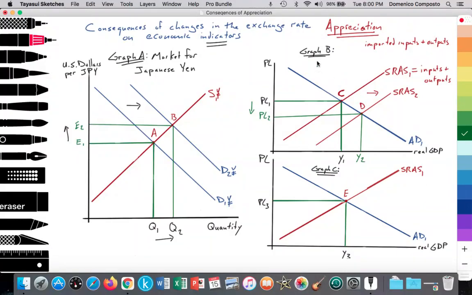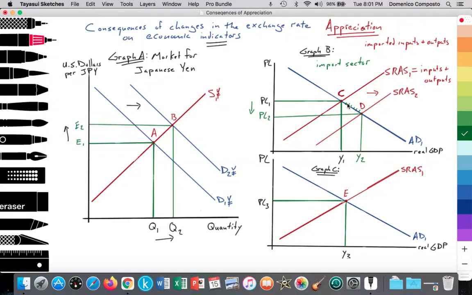Now, for the import sector of the Japanese economy, for those firms that are dependent on buying those imported inputs and outputs, since that leads to a fall in their average price, we would expect an increase in the quantity of aggregate demand along the AD curve from point C to point D, which would mean that unemployment in that sector would be falling.